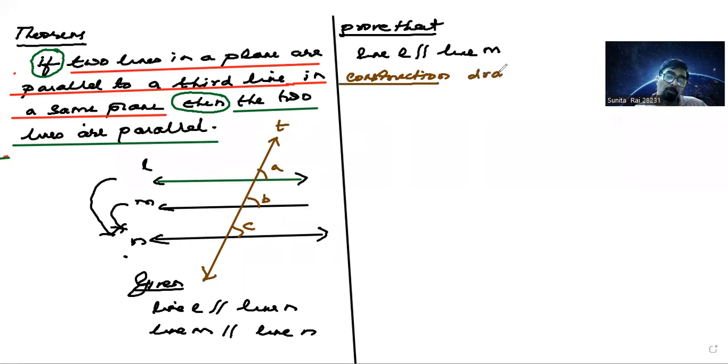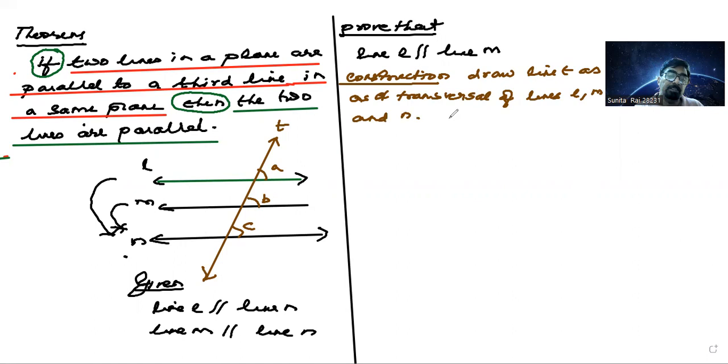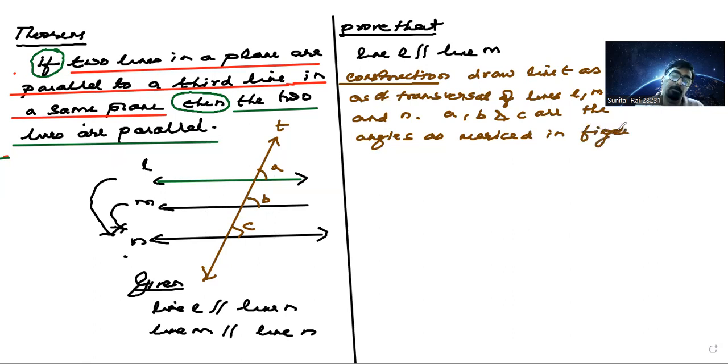Draw line P as a transversal of lines L, M and N. Then listen, A, B and C are the angles as marked in the figure. Now, so simple this proof is.